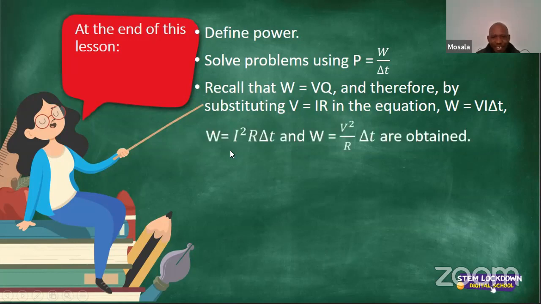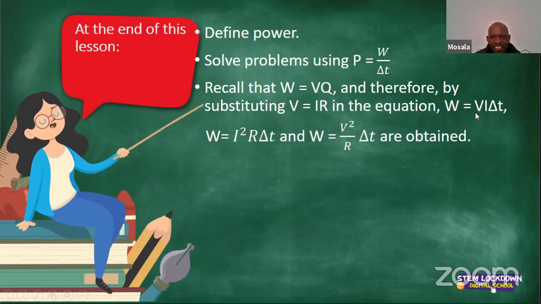And then if you continue, where you see W equals VQ, and then you substitute IR for V, this is what we are going to get. We are going to get work done or energy transferred equals I squared multiplied by R delta T. So what does that mean?